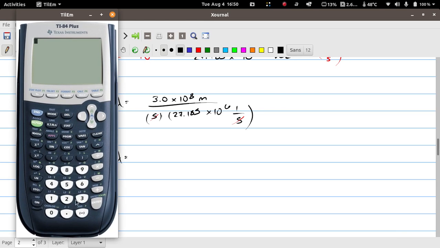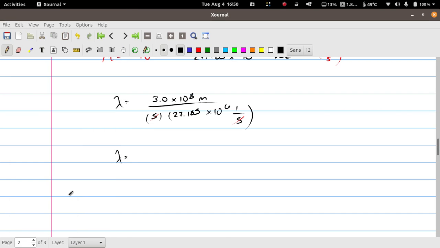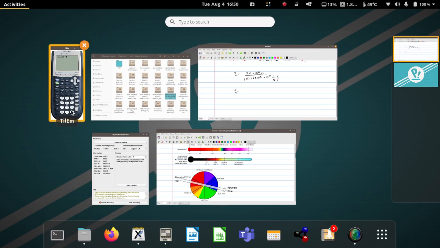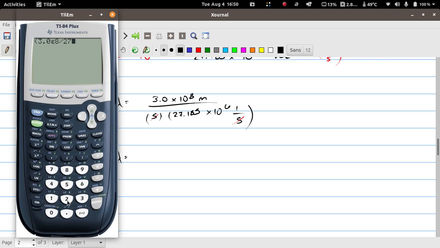All right, so 3.0E8 divided by 27.185E6. So your answer is going to be approximately 11 meters.